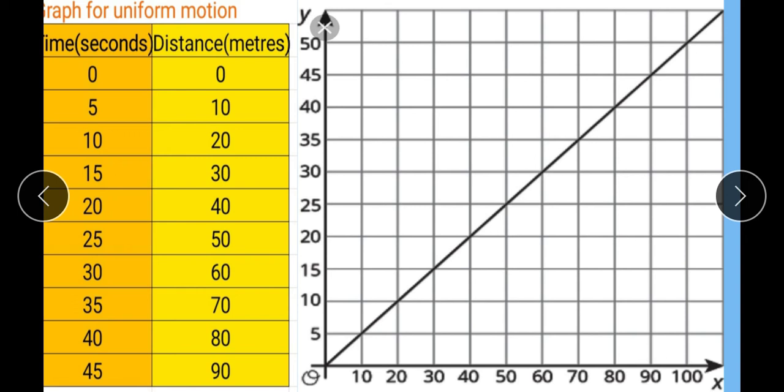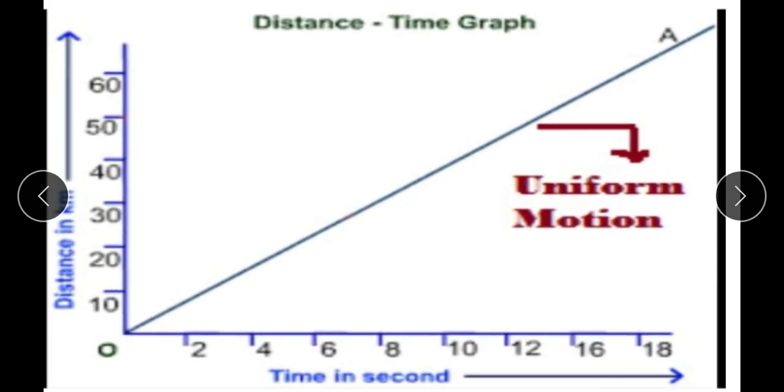You can plot the graph of distance versus time for uniform motion, and it is observed as a straight line graph. Now this is the actual graph for distance versus time in uniform motion. In uniform motion, the distance-time graph is always a straight line.